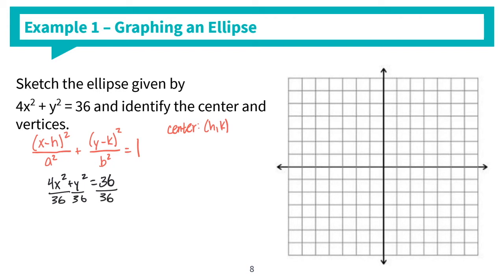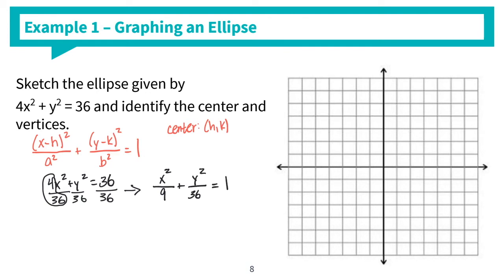When I simplify all of that, 4 over 36 reduces to 1 over 9. So I'm going to write x squared over 9, because I don't need to write 1 in front of it. And then I have y squared over 36, no fraction to reduce there. And then 36 divided by 36 is 1.